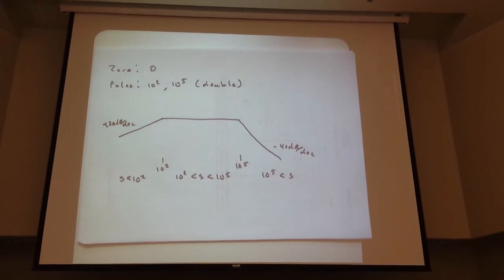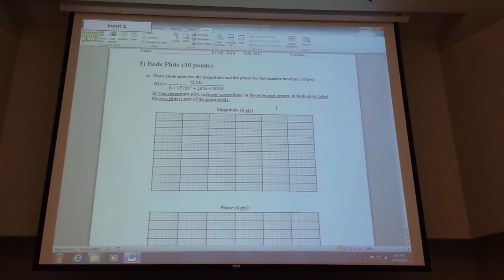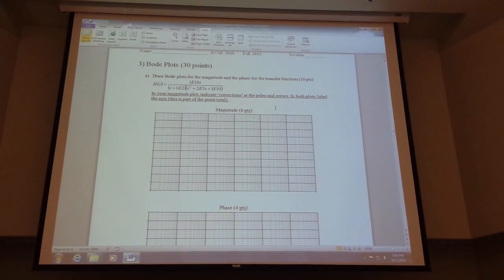And then, for a reference, in the pass band, in the flat portion, what is my dB? I like 0. Why? Keep the dominant term. This is S over S plus 10 to the 5th squared, S plus 10 to the 2.